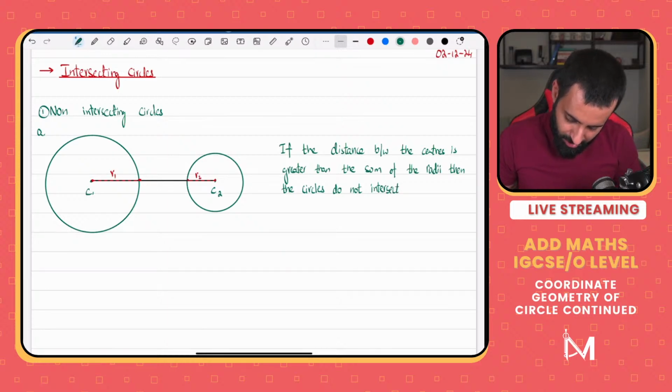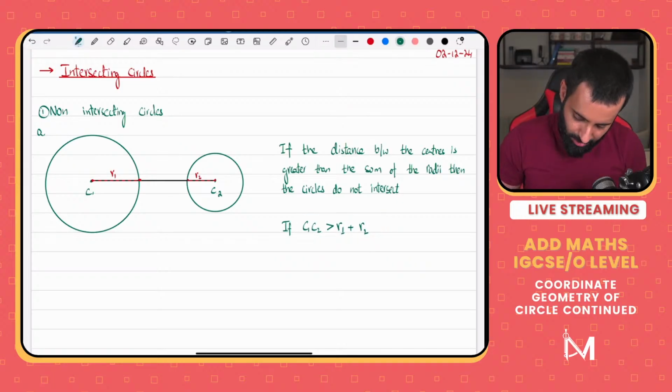So that means C1C2, the distance between the centers, you can see, is clearly greater than R1 plus R2. So long story short, if the distance between the 2 centers is greater than the sum of the radii, then we say the circles do not intersect.